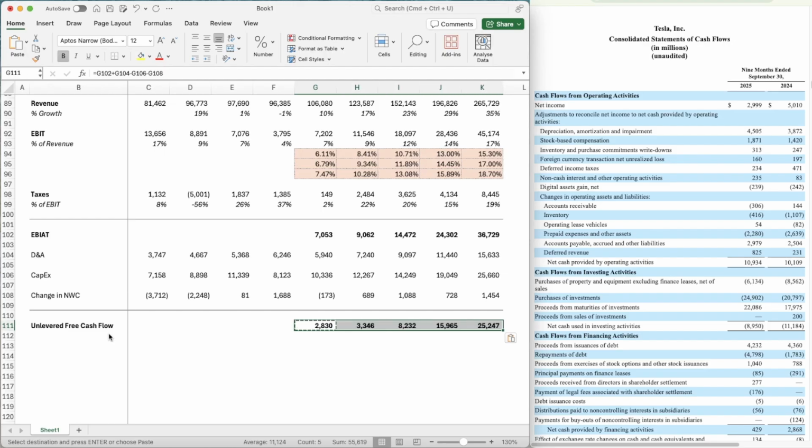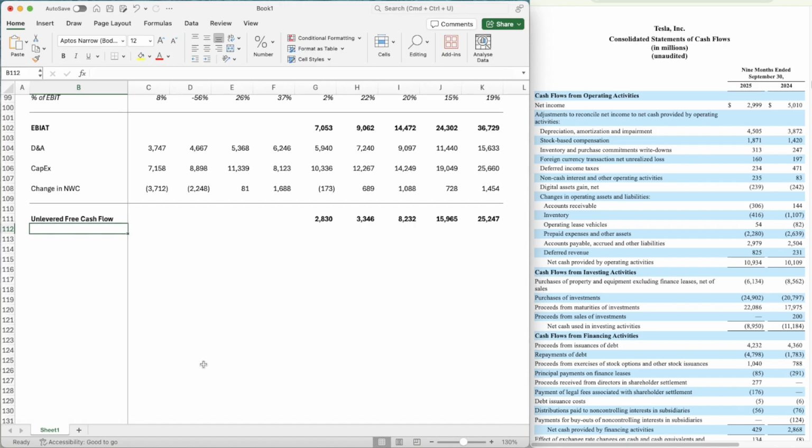Pull that across. So that's what we anticipate Tesla to generate in free cash flow based on the inputs we've put up there.